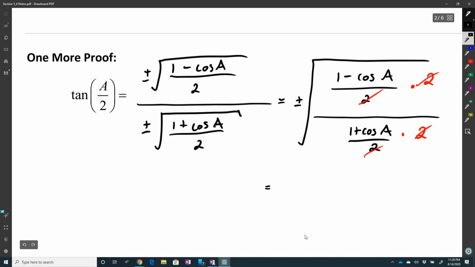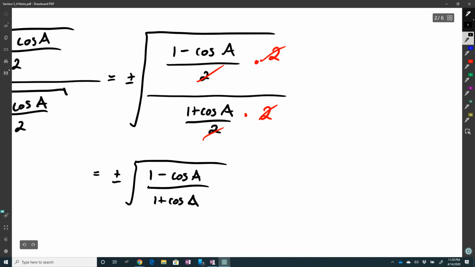So we end up with plus or minus the square root of 1 minus cosine of a over 1 plus cosine of a. And so there's a formula. And the different answers you get depend on which conjugate you do.